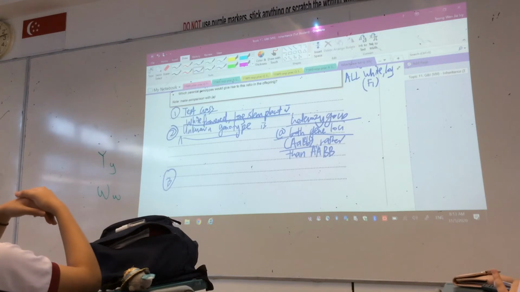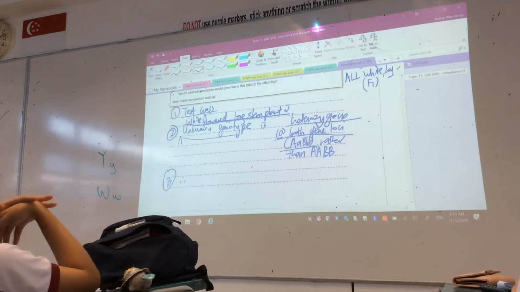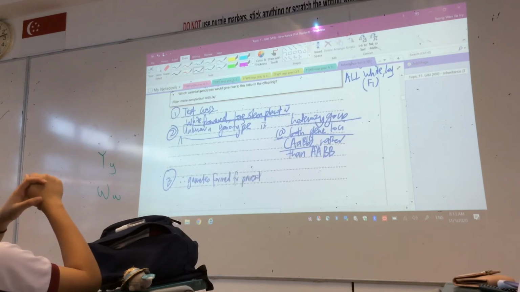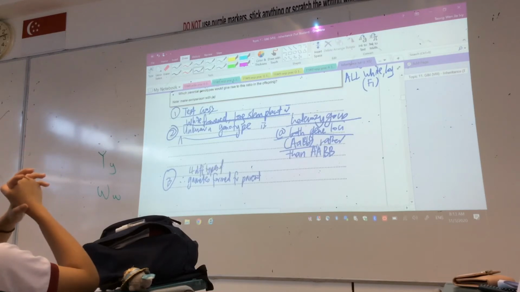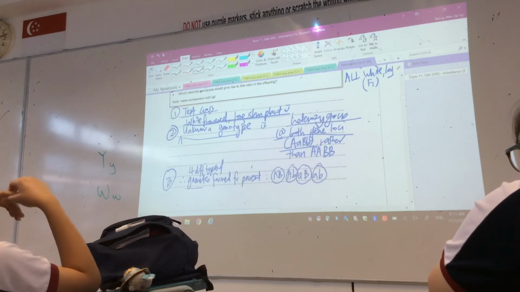Alright, so therefore, what is the third point? Gametes. Okay, therefore the gametes formed from the parent will be 4 different types. How come there's 4 different types?